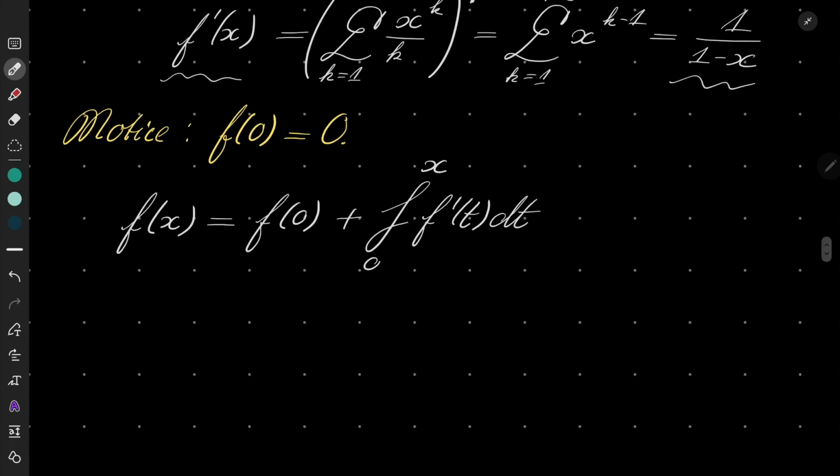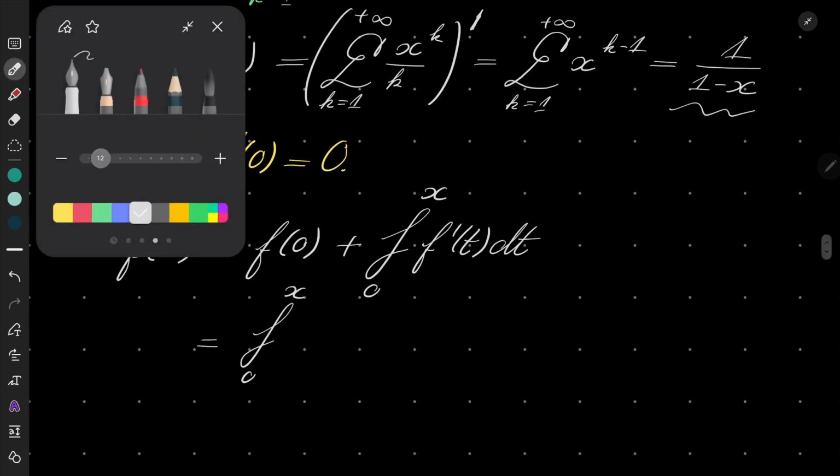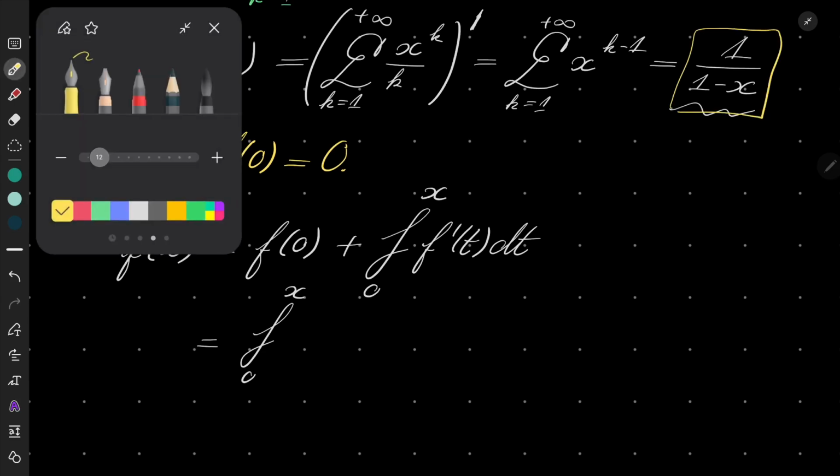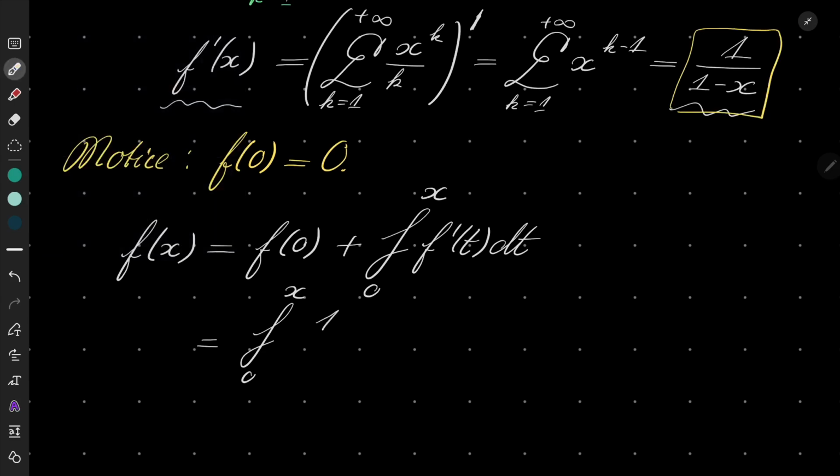f of 0 is 0, and now we just have to compute the integral from 0 to x of this function, 1 over 1 minus t, dt.